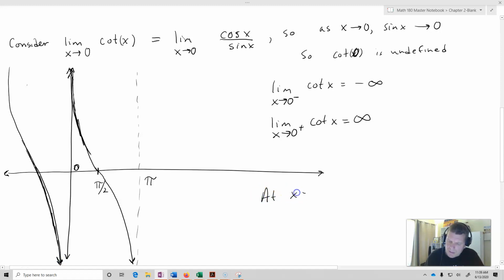At x equals 0, f of x has, and this should be a reminder from your calculus class, a vertical asymptote.